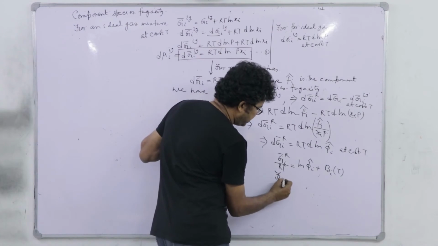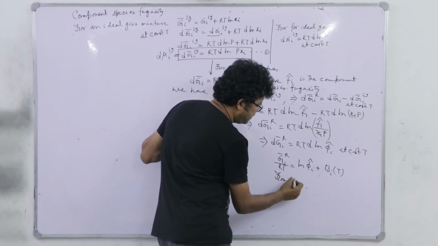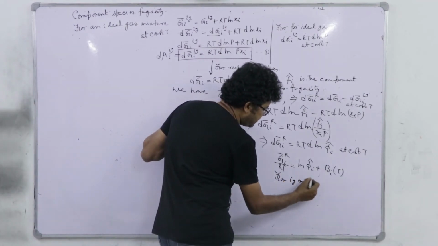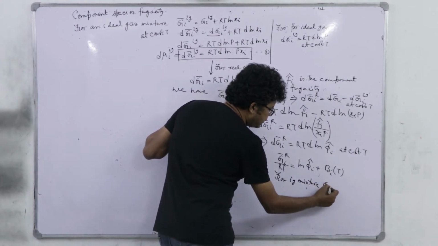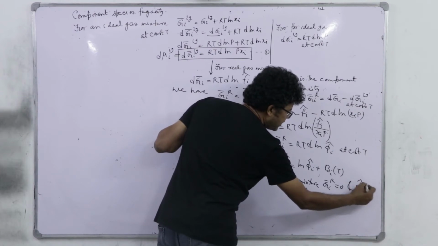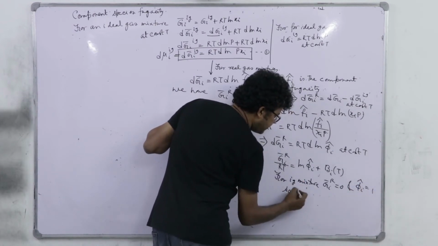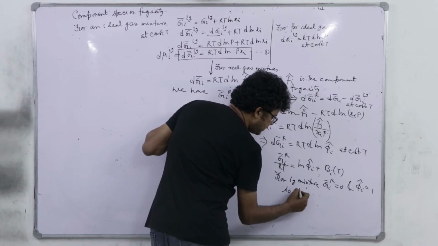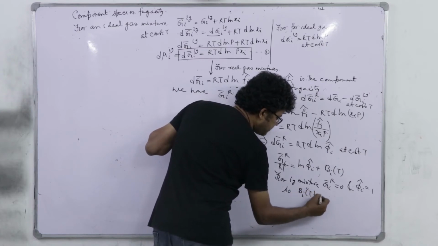Now, if we apply the same equation for an ideal gas mixture, Gi bar R equals 0 and phi i cap equals 1. So this Bi equals 0.